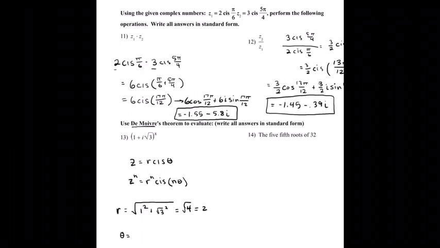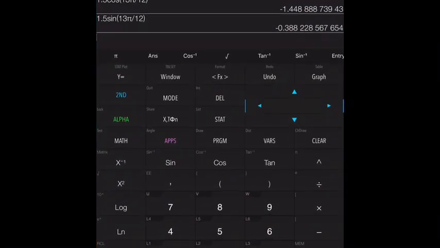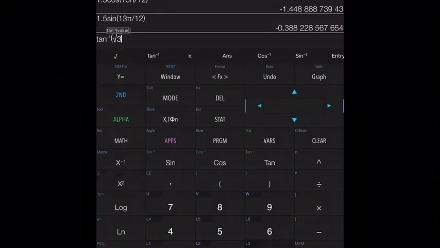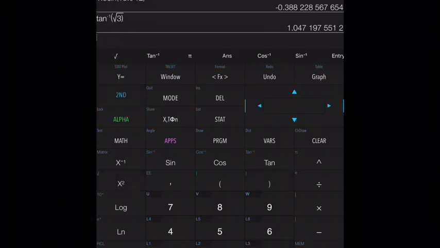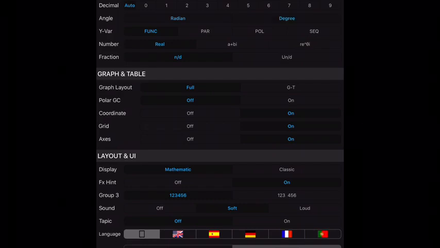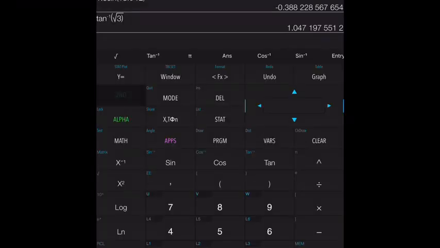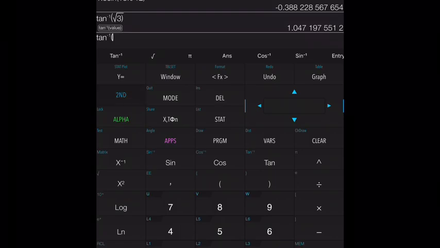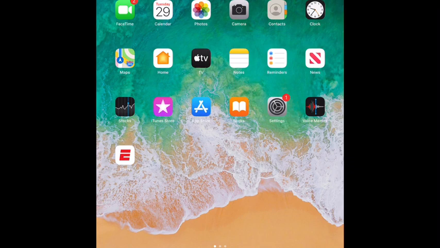And then the angle is inverse tangent of b over a. So the inverse tangent of the square root of 3, let's go back into degree mode. Inverse tangent of the square root of 3 is 60 degrees.